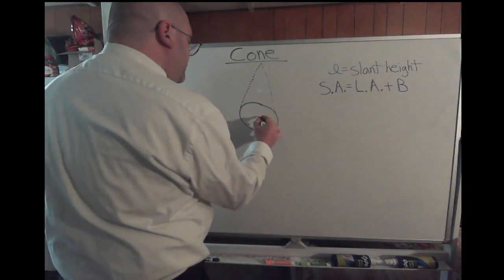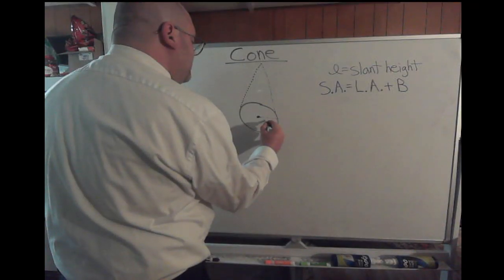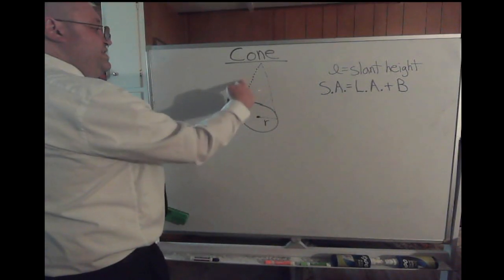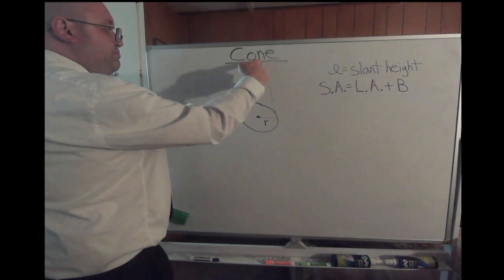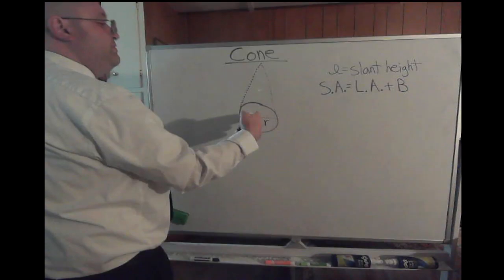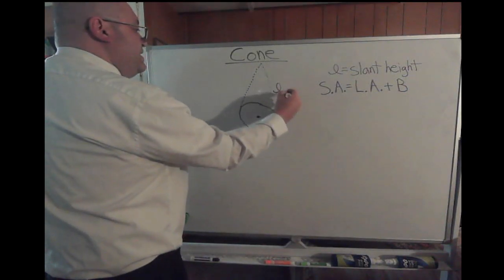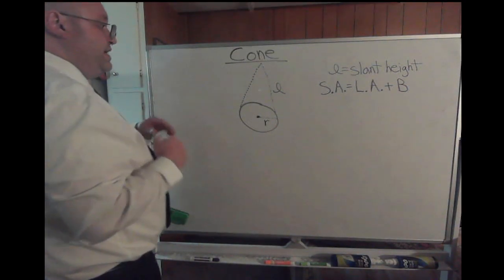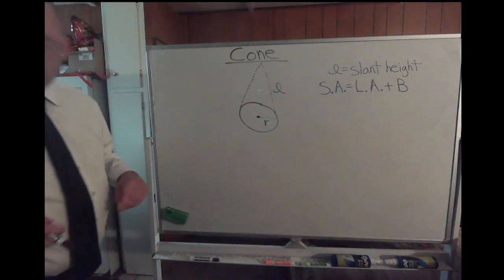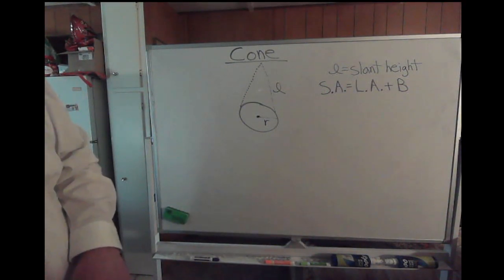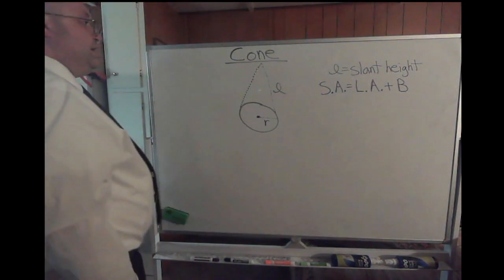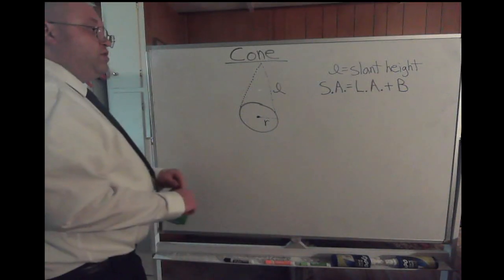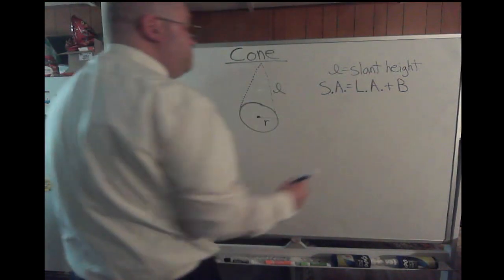We have the radius of the circle base, and then each of these edges here where it stands up to meet at a point above the base of the circle, that is your slant height, L. So again, the surface area of a cone is the lateral area plus the area of the base.